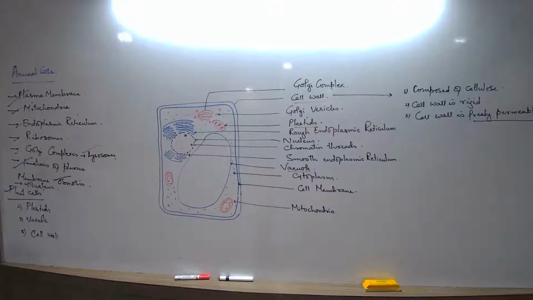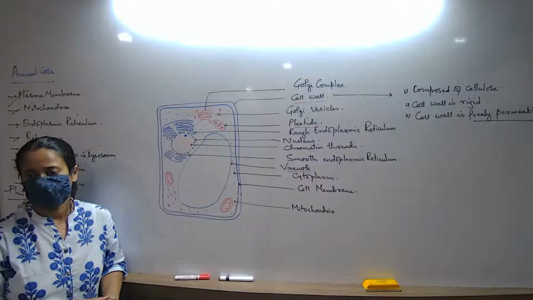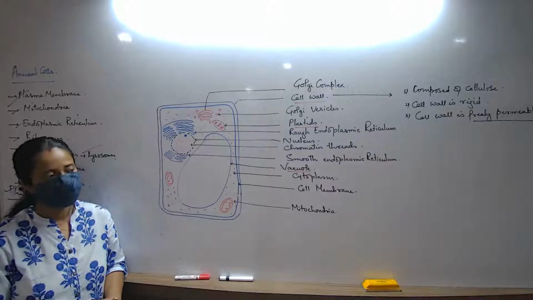A membrane which allows the movement of all molecules through itself is known as a freely permeable membrane. Full stop. Sometimes you get questions: Explain, cell wall is freely permeable.